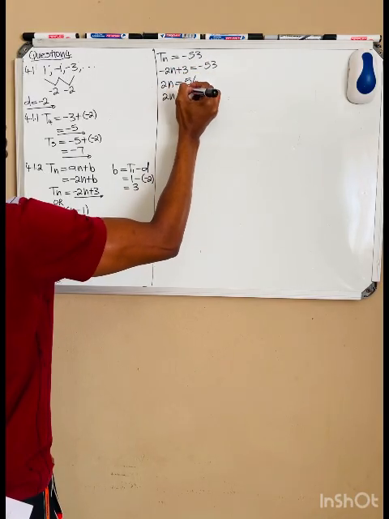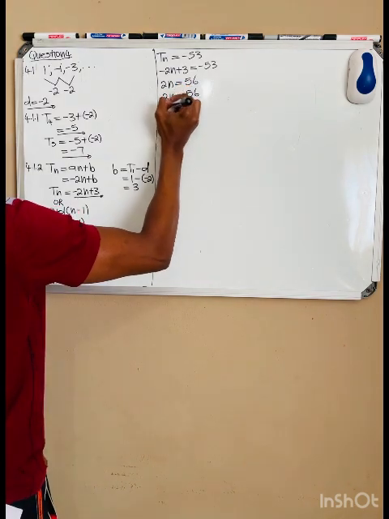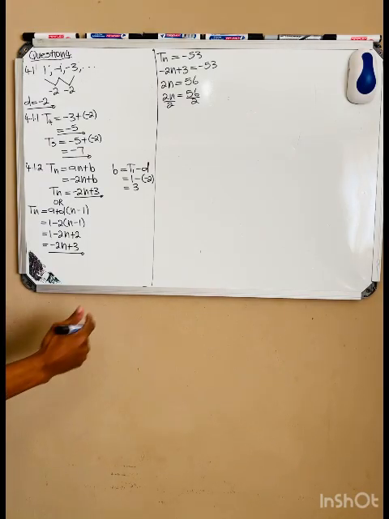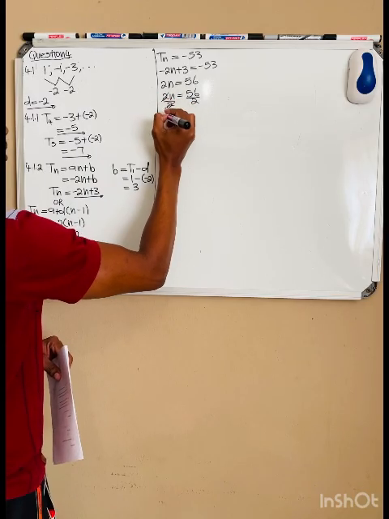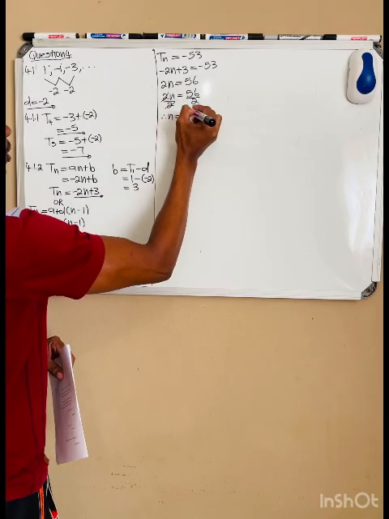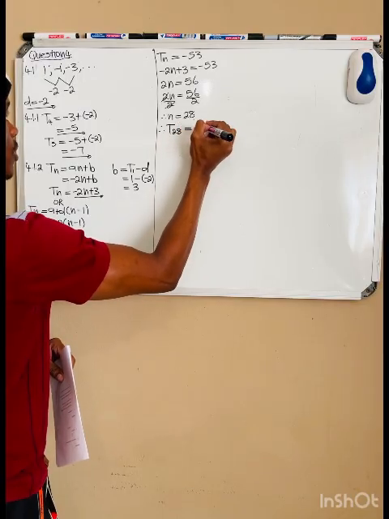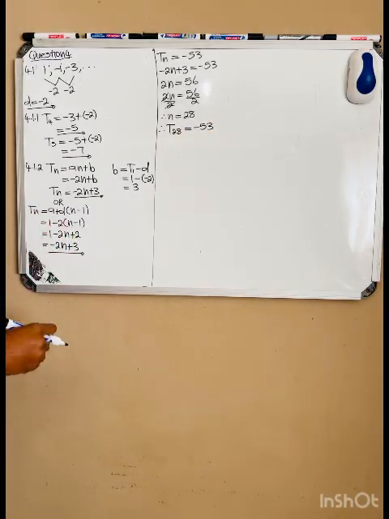And then we have 2n equals 56. We divide by 2. 56 divided by 2 is 28. Therefore, n equals 28. Therefore, T28 is the one that equals the value minus 53.